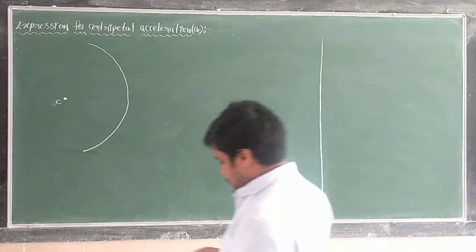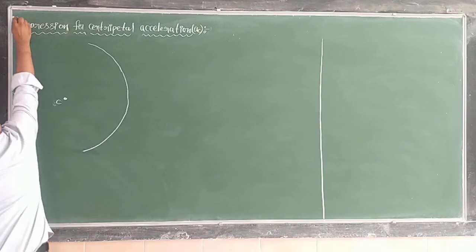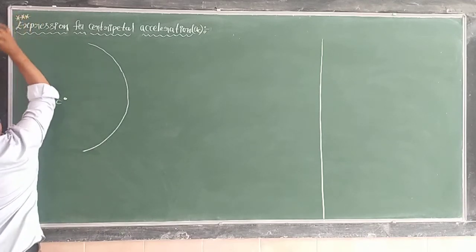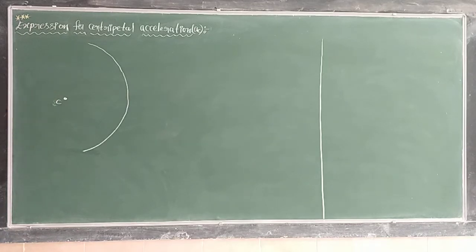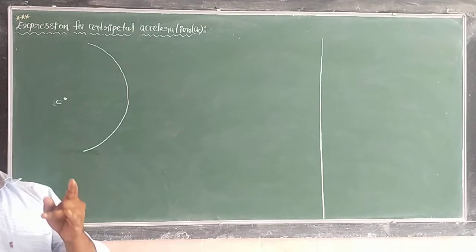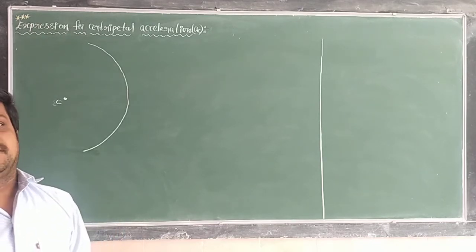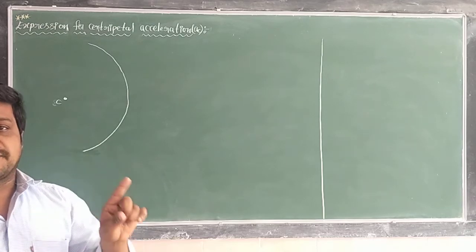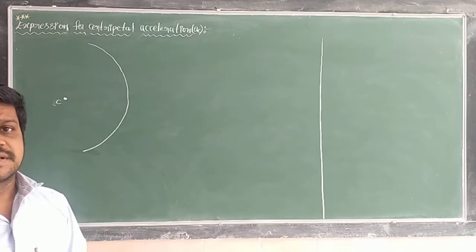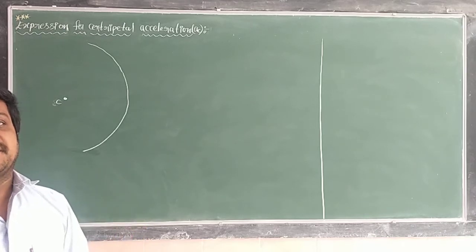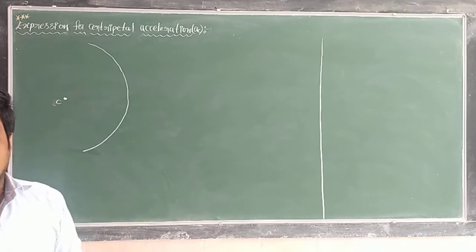Next, there is one very important question: the expression for centripetal acceleration. Centripetal acceleration is the acceleration experienced by the object when it is in uniform circular motion.